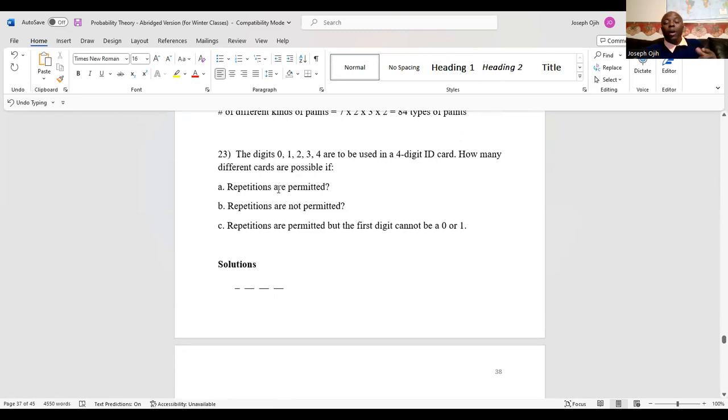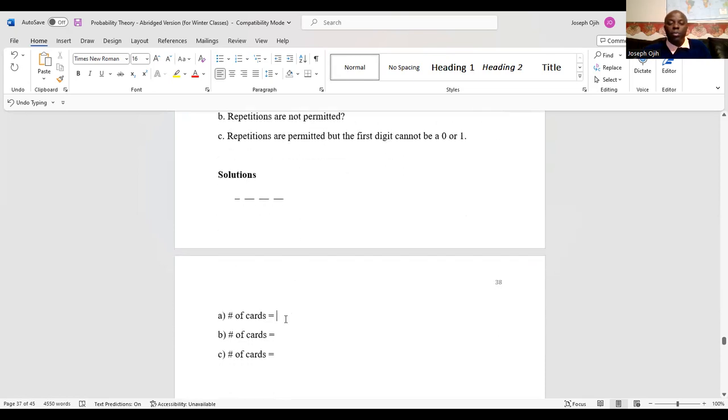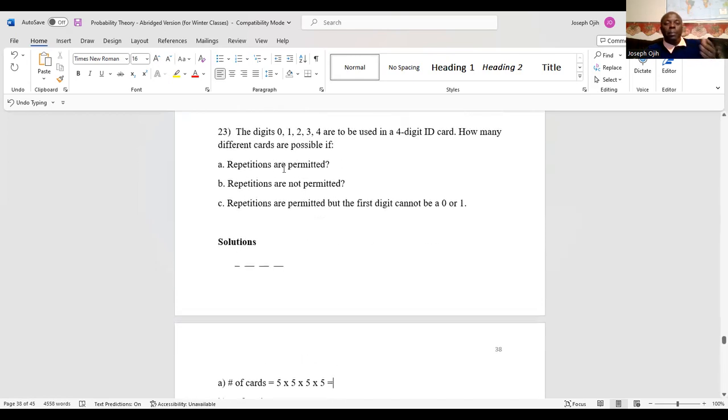So, actually, say repetitions are permitted. You have 4 slots, but 5 numbers. That means the number of cards will be 5 times 5 times 5 times 5. When repetitions are permitted, if you use one number, you can use it again many times.